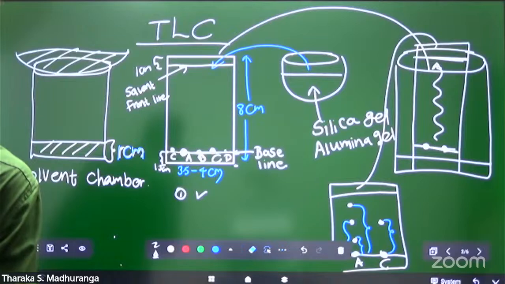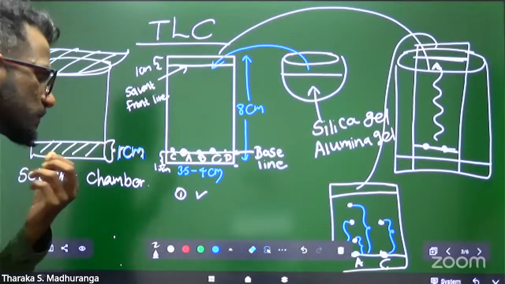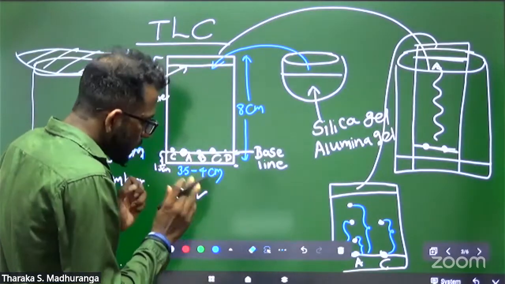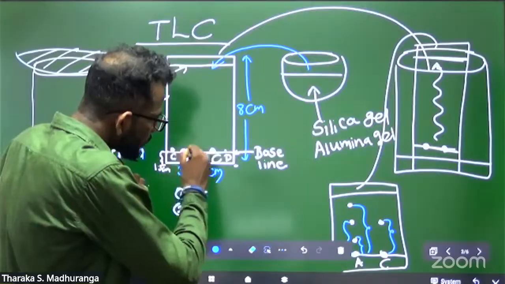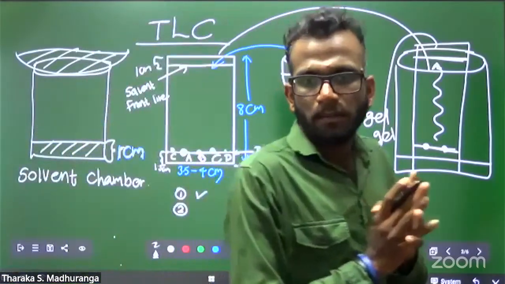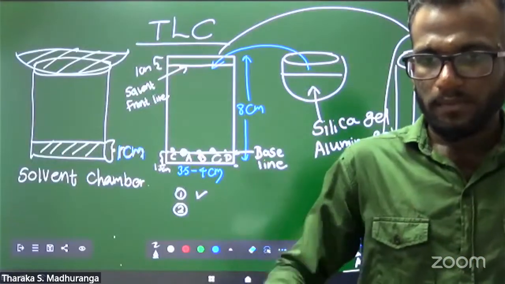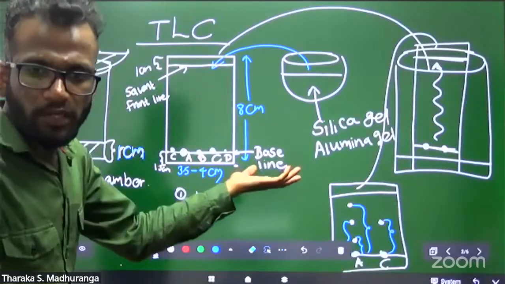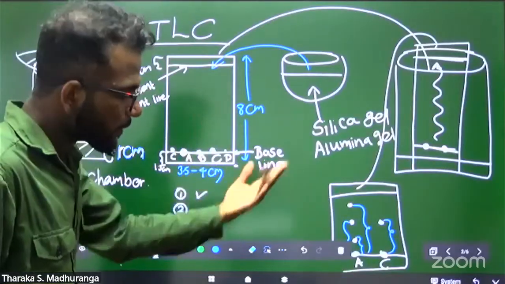Drawing extremely thin lines so as to prevent damage. Very good. The second factor is that you have to draw very thin lines without any damage to the paper or thin layer. I am explaining both thin layer chromatography and paper chromatography.